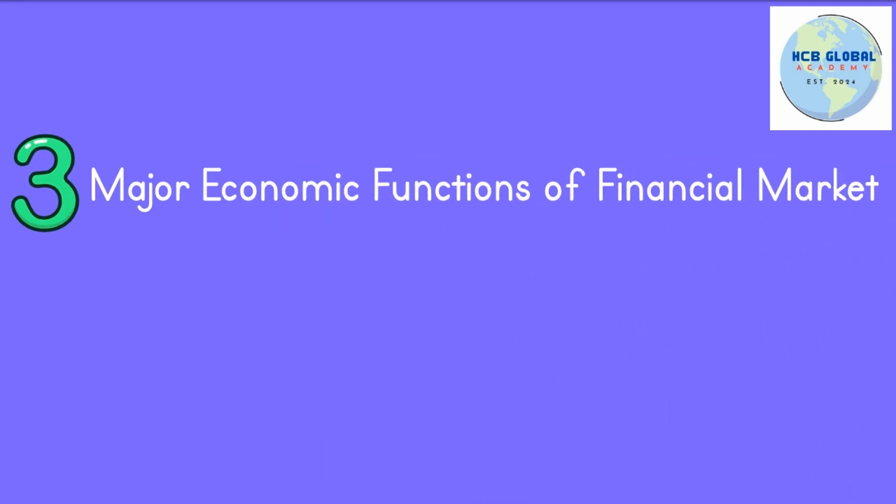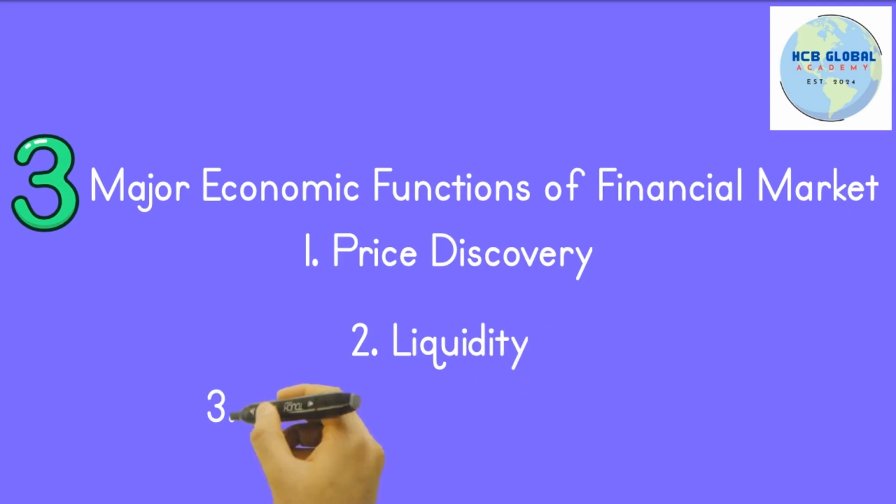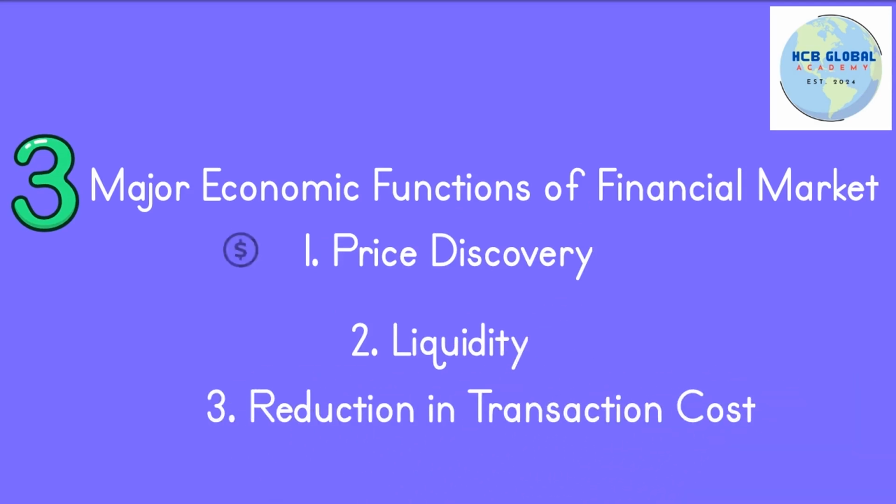There are three major economic functions of the financial market: price discovery, liquidity and reduced transaction costs. Price discovery in financial markets involves the interaction between buyers and sellers to determine the price of traded financial instruments based on their willingness to buy or sell. Fund providers set the required return, influencing fund allocation.